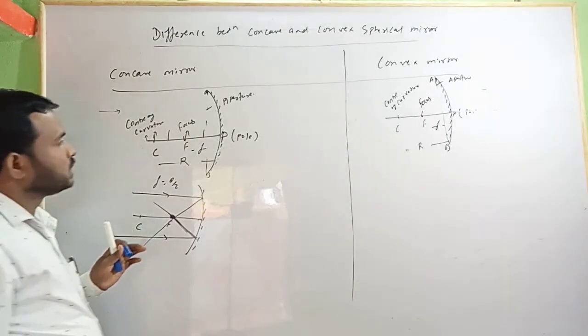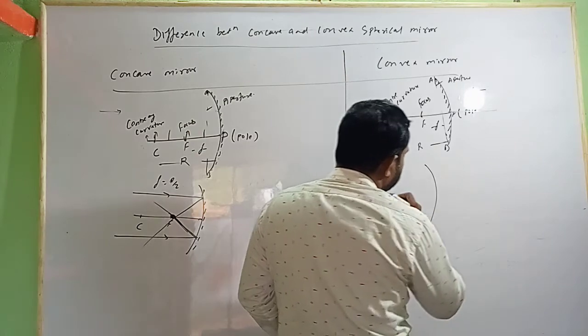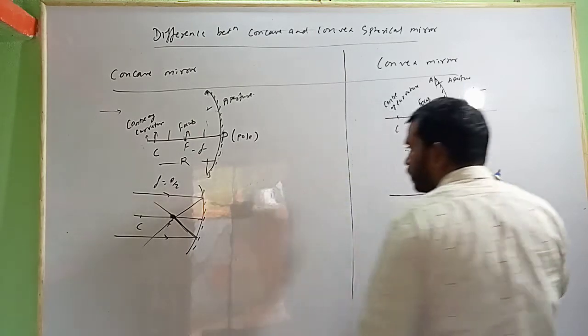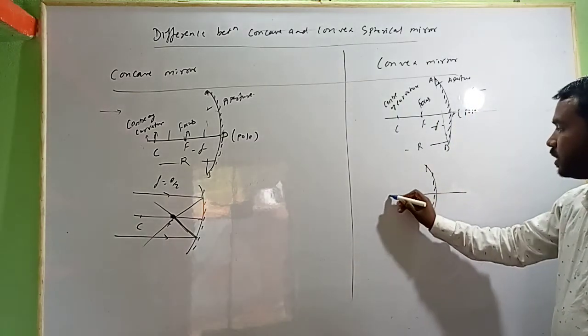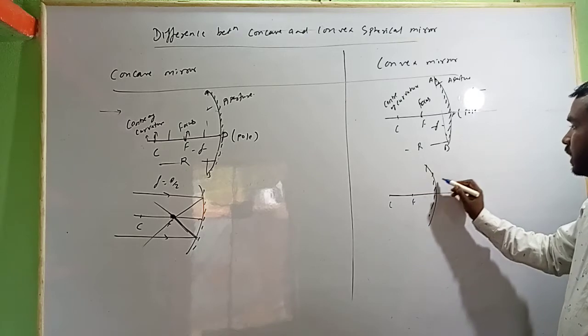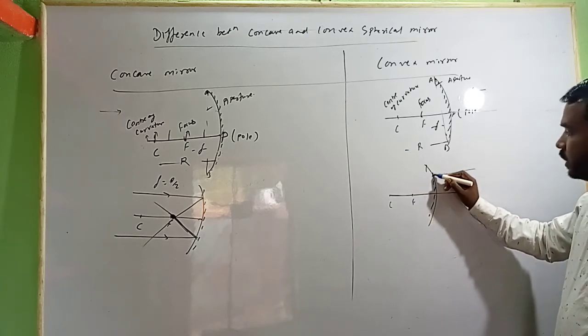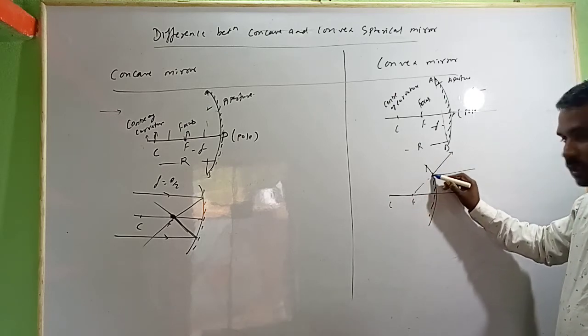Another, you can see that in the convex mirror, the object will lie outside the center of curvature and the focus. Now when the light is incident, it will be reflected and appear backwards. Where will it appear?